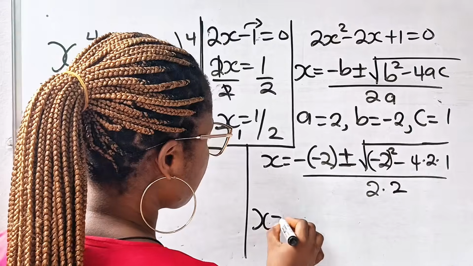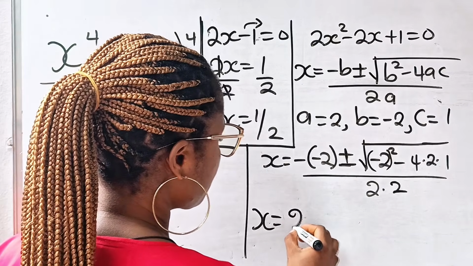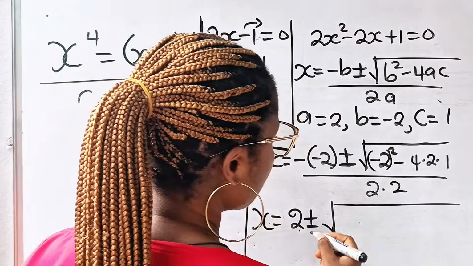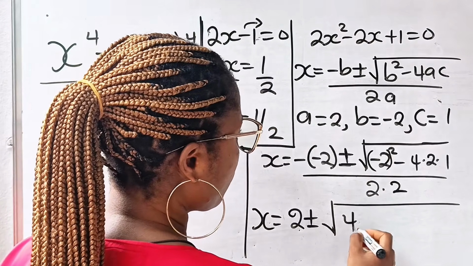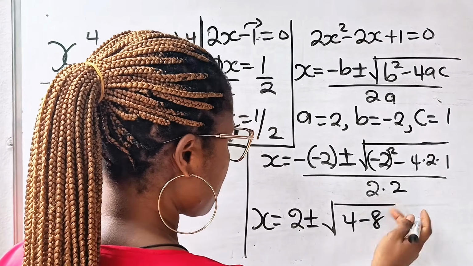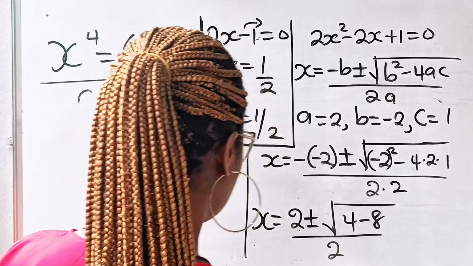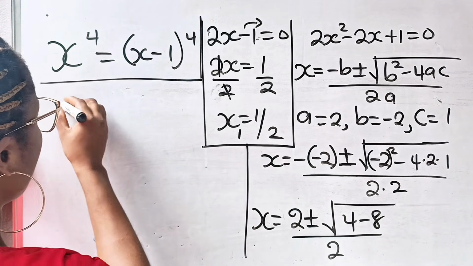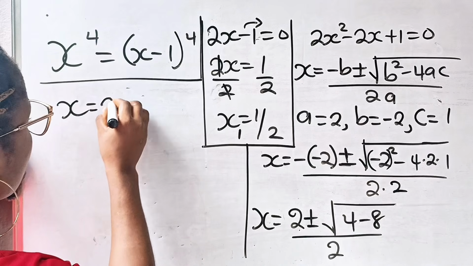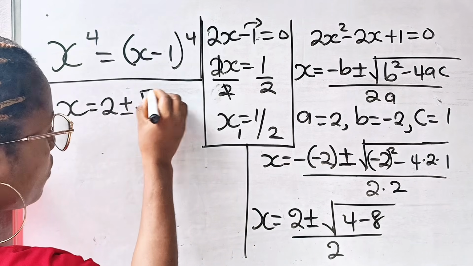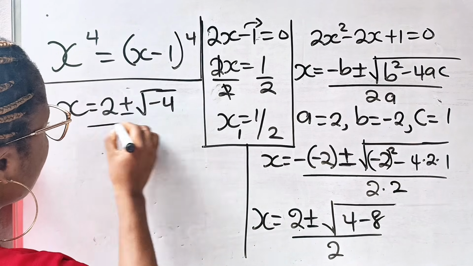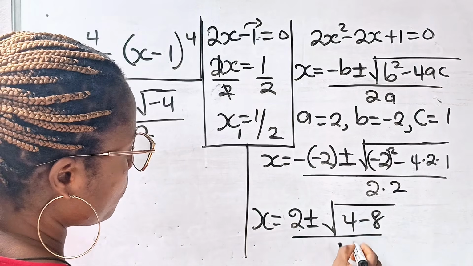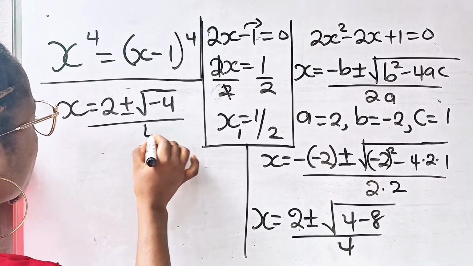So we have x, minus is plus, so we have 2 plus or minus the square root of (-2) squared, which is 4, minus 8, divided by 2 times 2. Solving further, we have x is equal to 2 plus or minus the square root of -4, divided by 4.